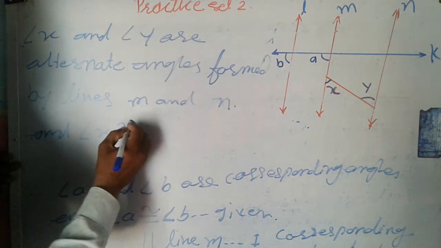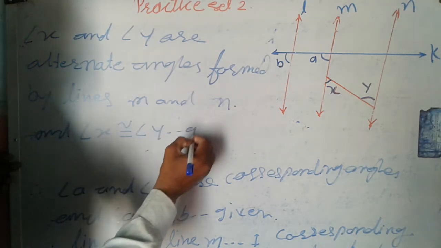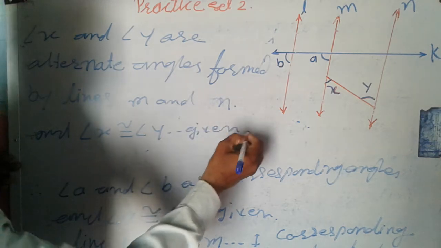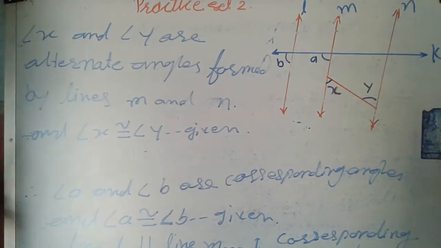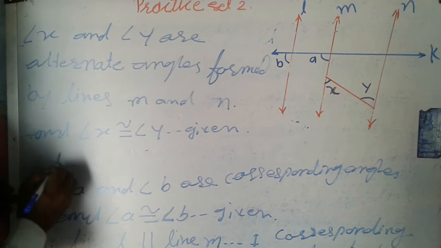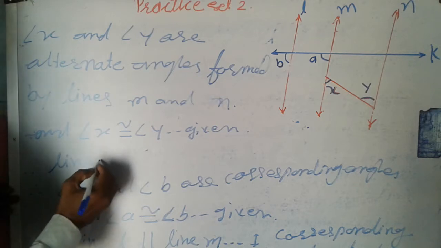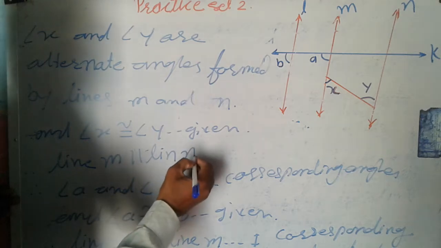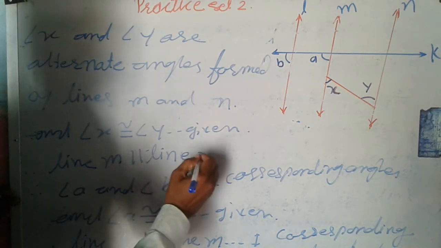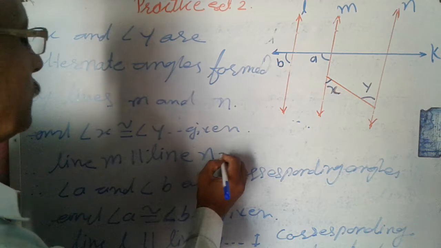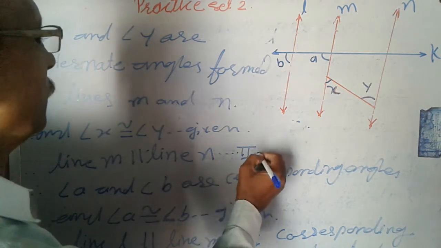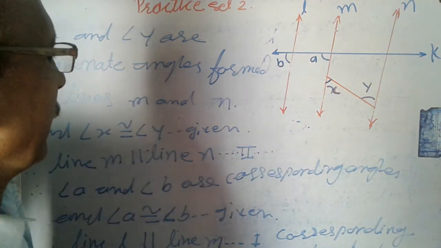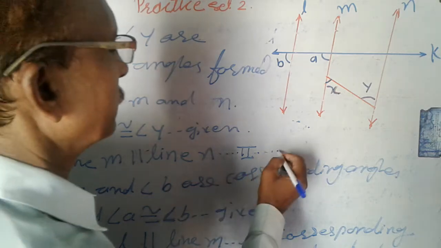Angle x is congruent to angle y, given. And therefore line M is parallel to line N. Statement 2, the reason is the alternate angle test.